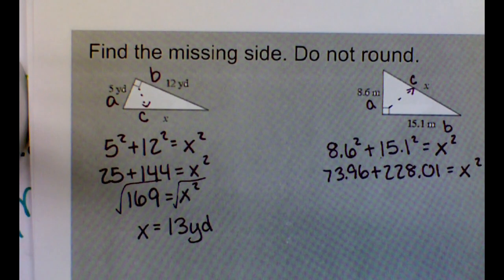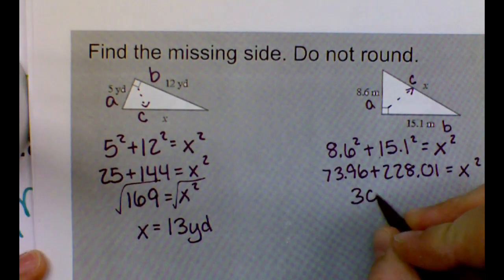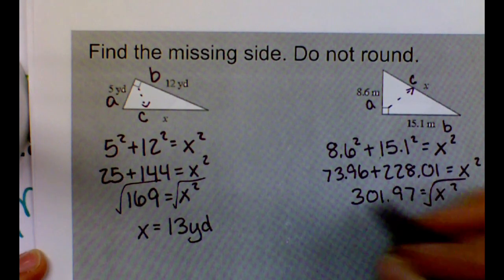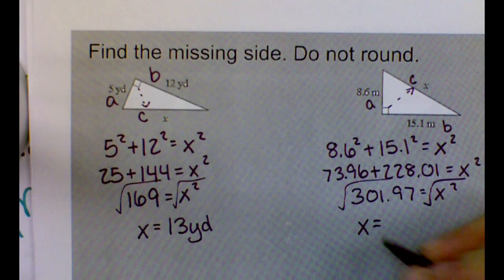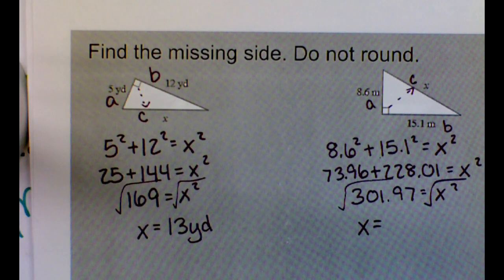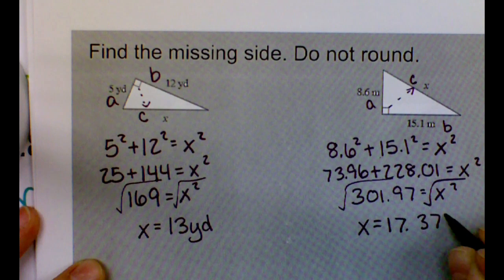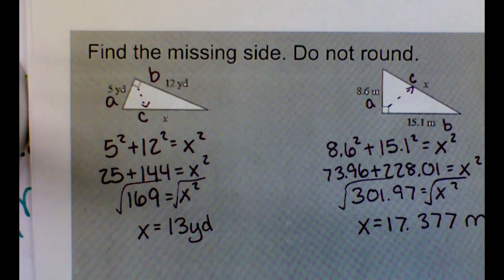Add those two together, I get 301.97, and then we'll square root it to get X is approximately 17.377 meters.